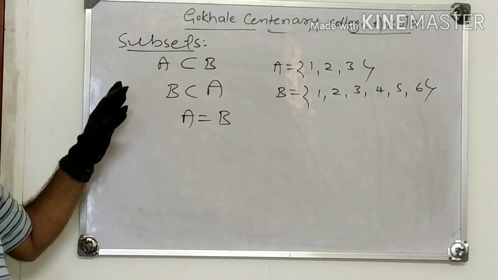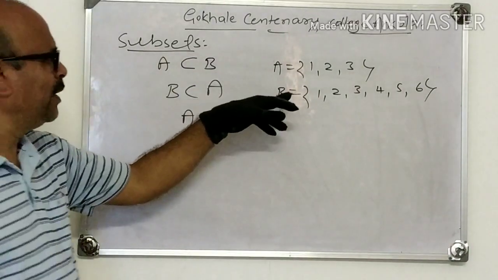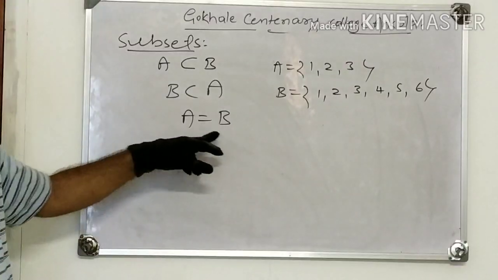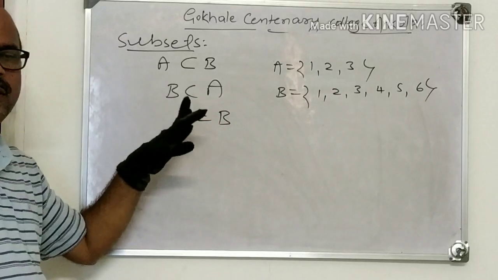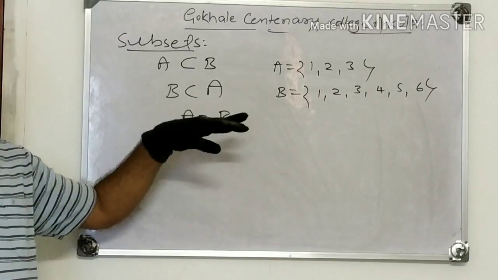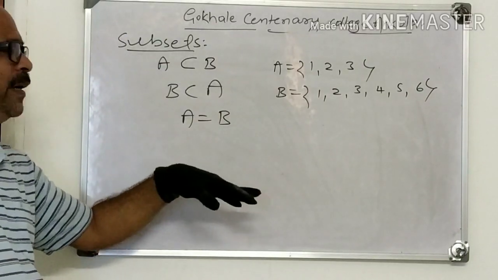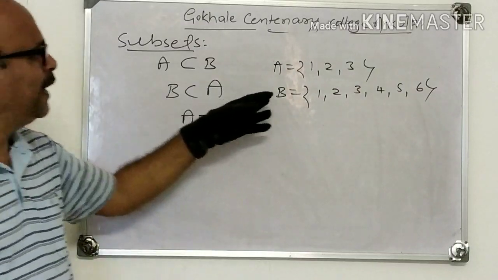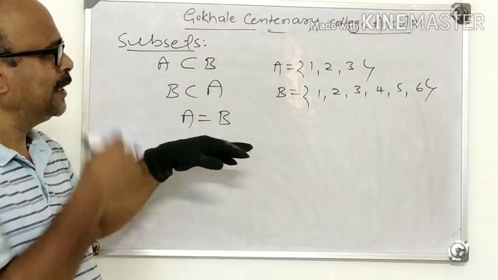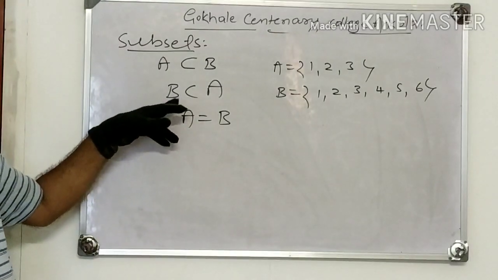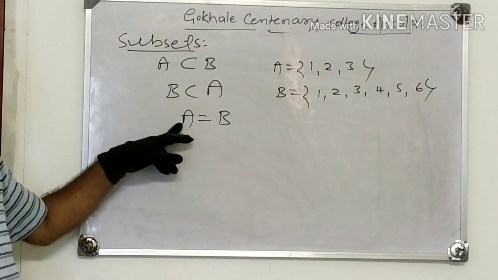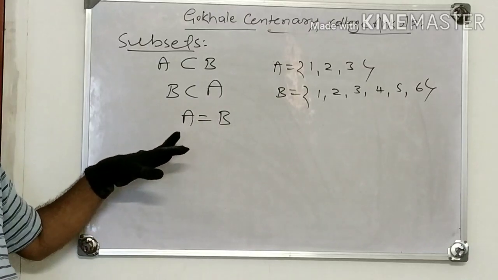Equality of two sets. In elementary treatment, two sets are equal means one is exactly the duplicate of the other, exactly the same as the other. But later on, while studying set theory, you will come to know that two sets being equal means they may not be duplicates of each other.